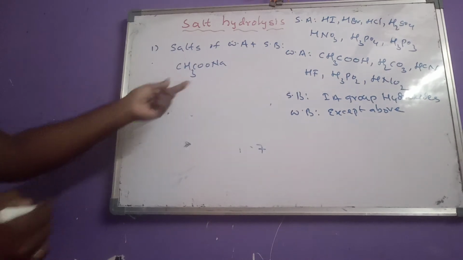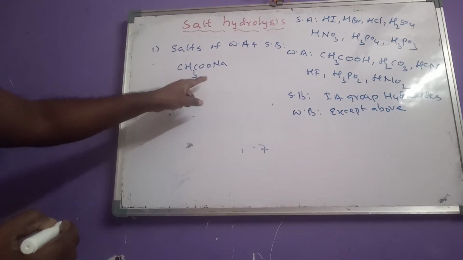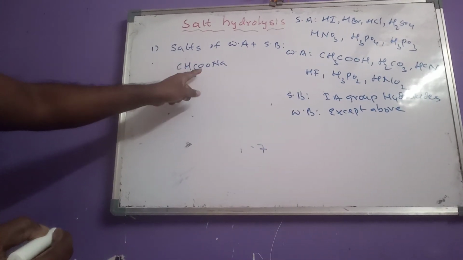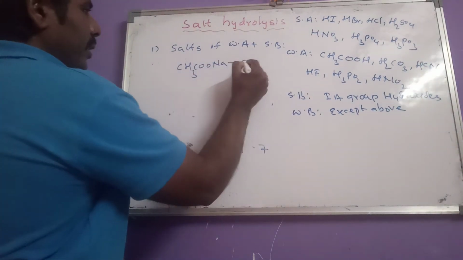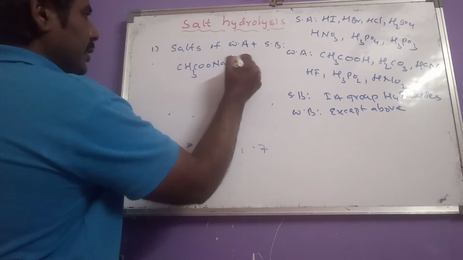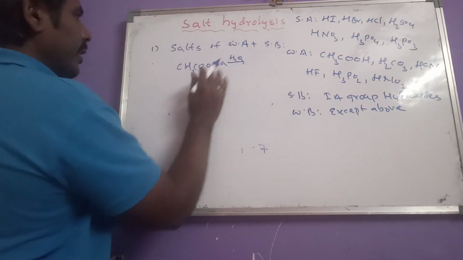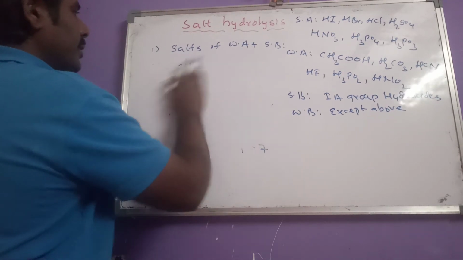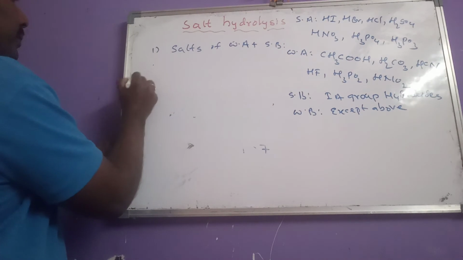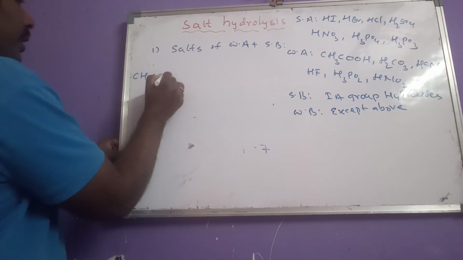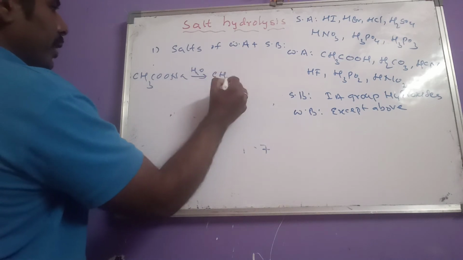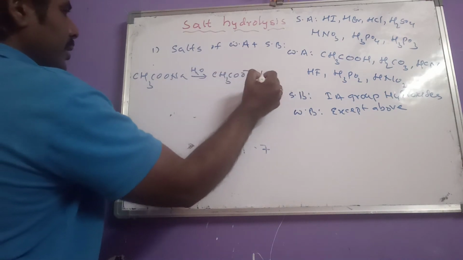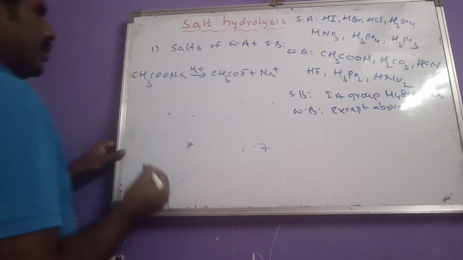CH3COONa, sodium acetate. This is an example of salt produced from weak acid and strong base. When this is dissolved in water, we get CH3COO- and Na+ ions.